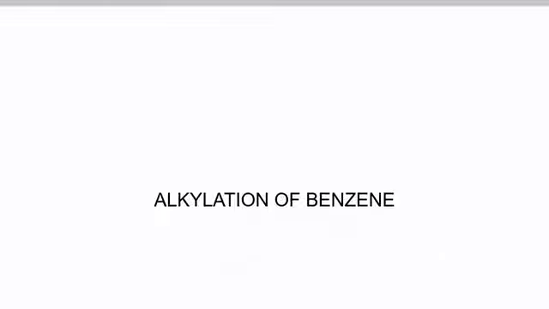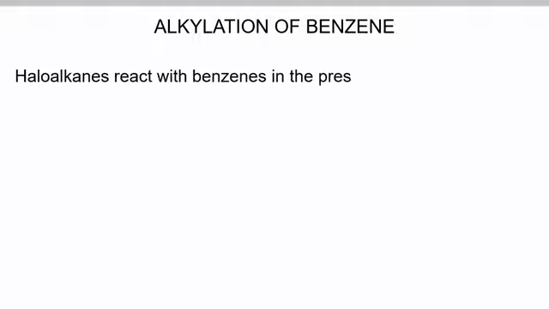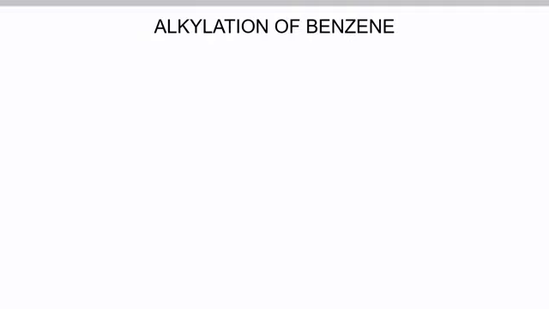So next is the alkylation of benzene. Haloalkanes react with benzene in the presence of a Lewis acid to give alkyl benzenes. The mechanism is similar to that of the halogenation reaction and thus requires a Lewis acid catalyst.